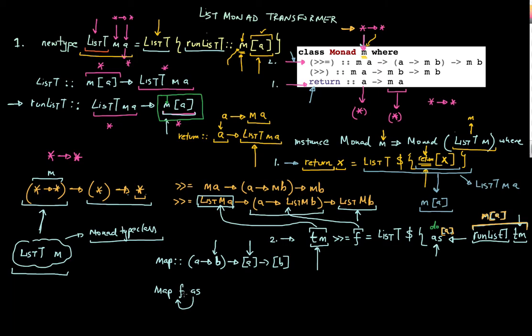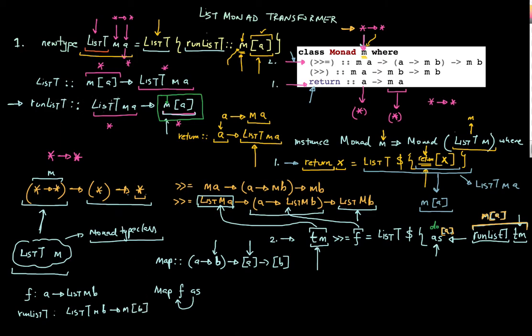Now maybe I could start thinking of a function composition. I'm just rewriting the signature for f here, which goes from a to list m of b, and then I have a function run list t that goes from list t m of b to m of b.